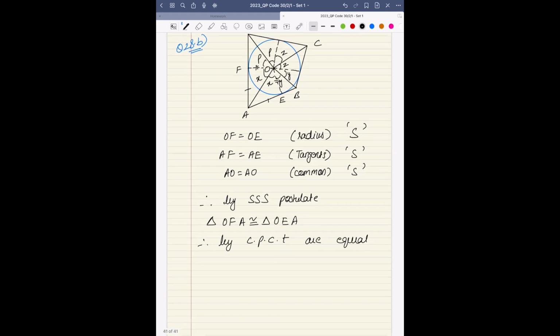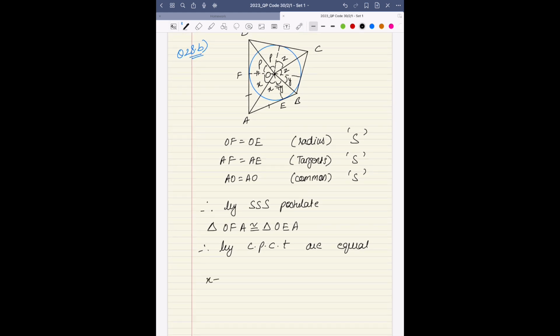If this is clear, then all you need to write is x plus x plus y plus y plus z plus z plus p plus p is equal to how much? This is equal to 360 degrees. Why? I generally call it the round angle or angle at a point. Start from here, you come full circle, you will measure 360 degrees, right?